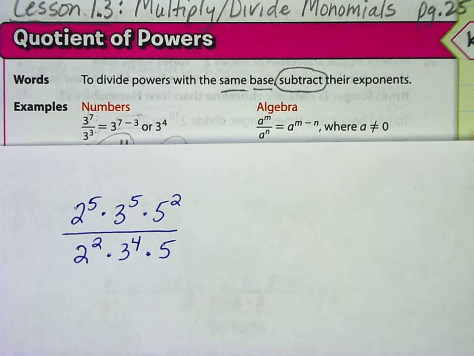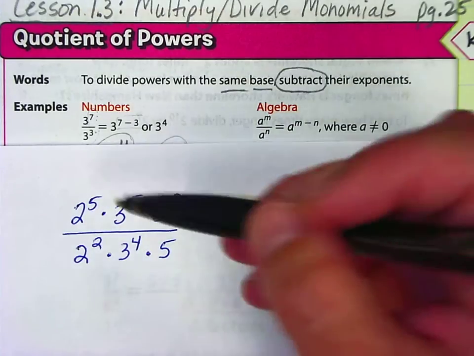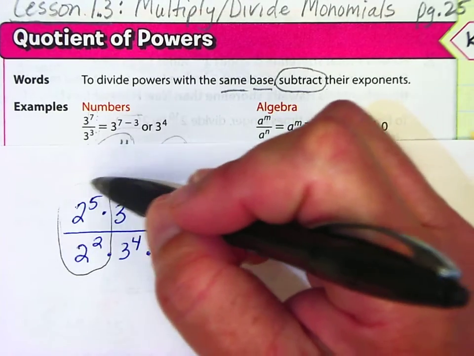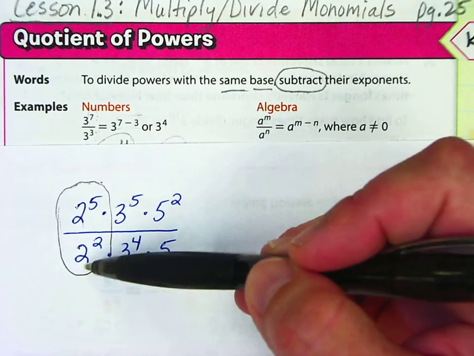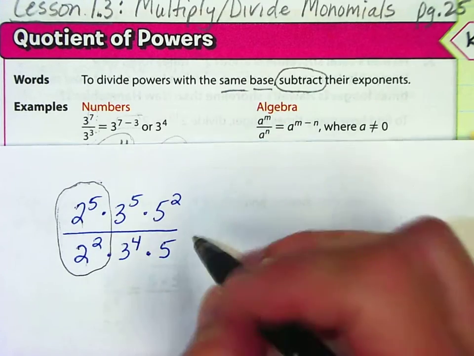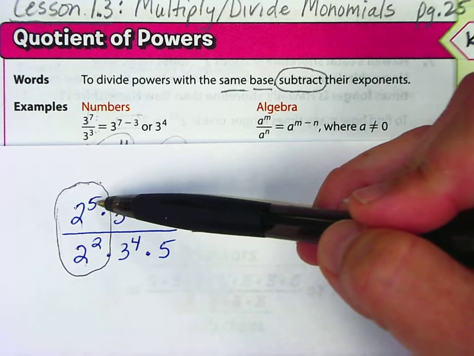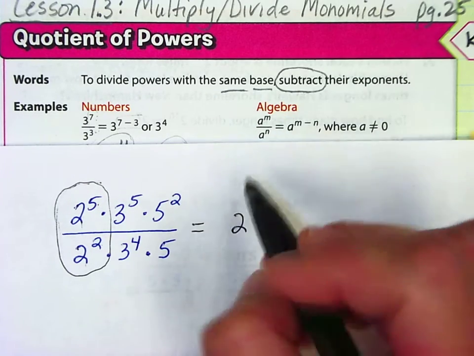Okay, so I have several different bases, but if you take each one individually, for example, let's look at the 2's right here. These are both the same base, and this is a division problem. So I'm going to keep the 2 the same, the base stays the same, and I'm going to subtract the exponents. 5 take away 2 is 3.